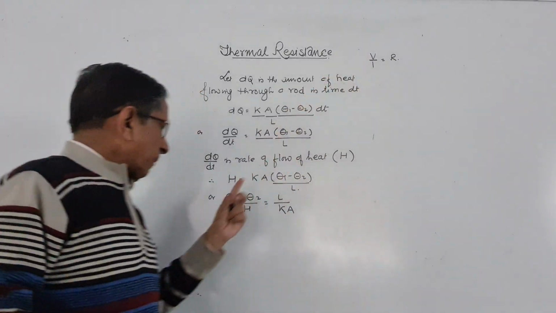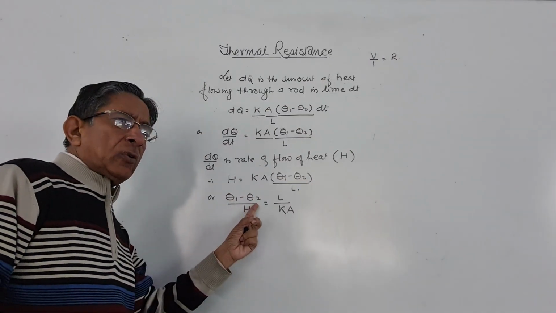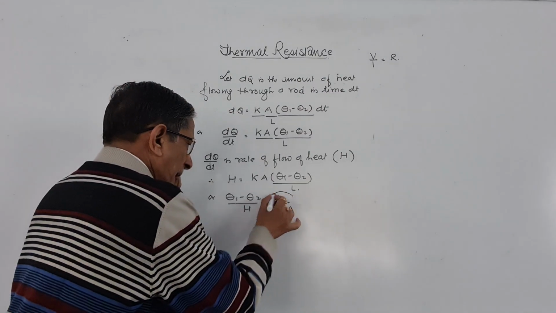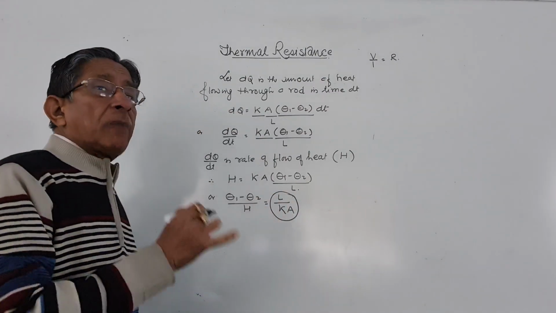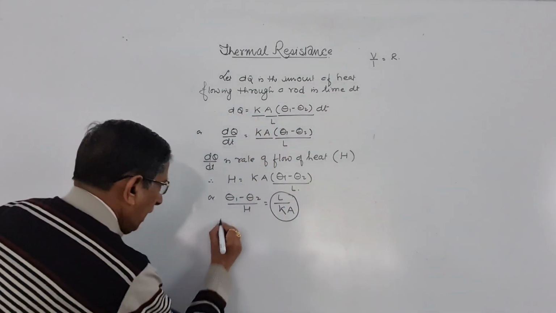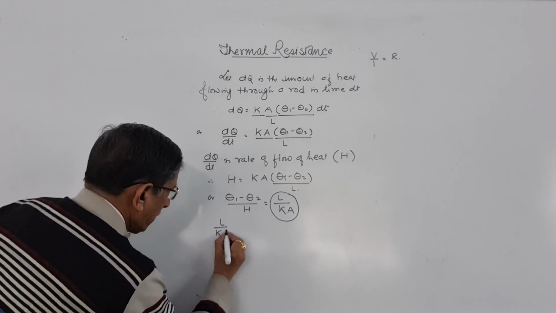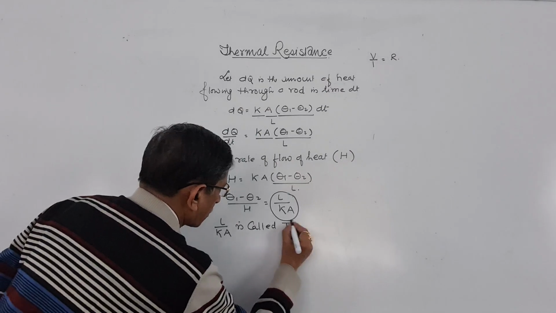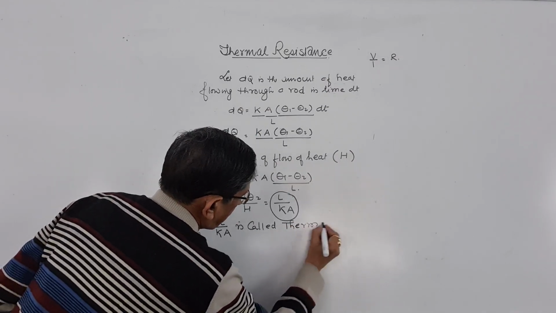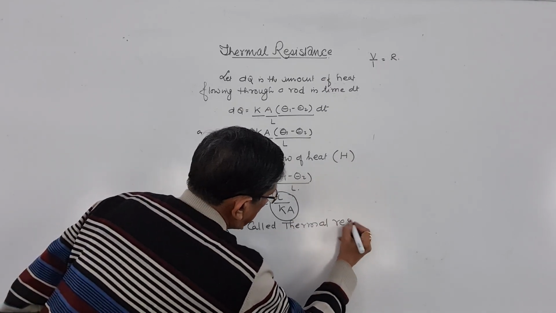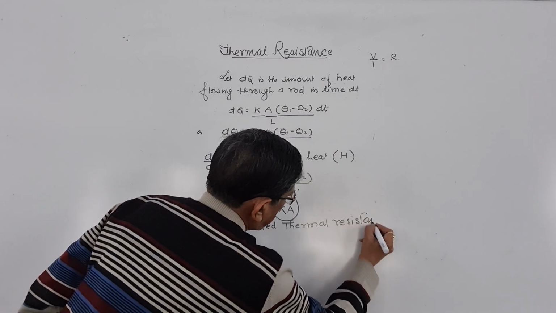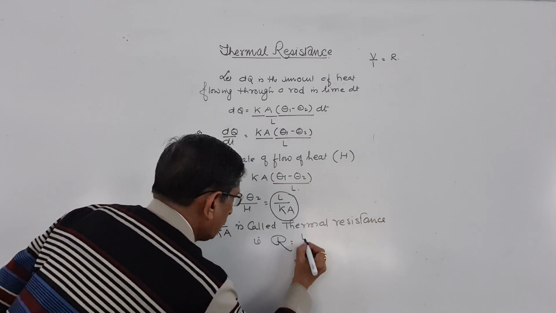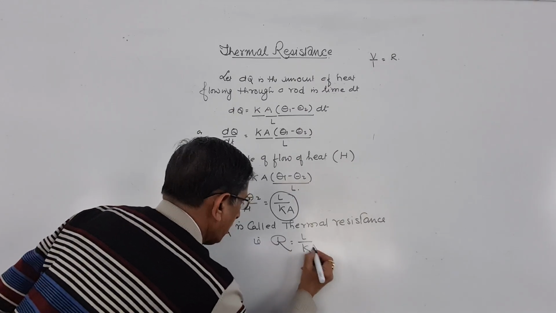So V is replaced by theta 1 minus theta 2, and I is replaced by H. So its meaning is that L upon kA will be thermal resistance. L upon kA is called, students, thermal resistance. That is R is equal to L upon kA.